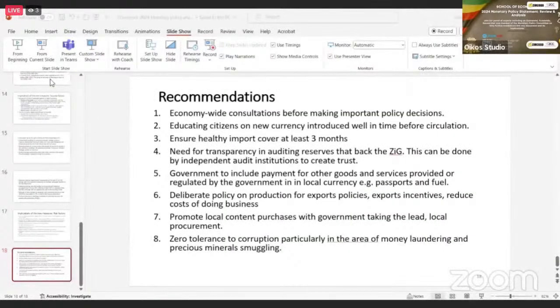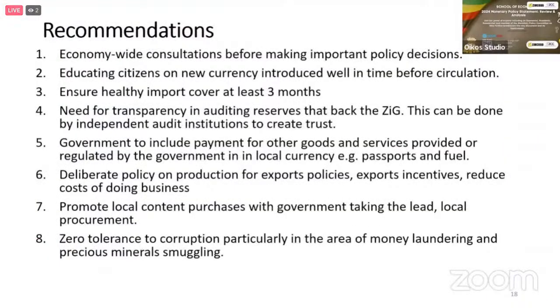I'm not so sure about the extent to which the central bank consulted the public on this, but to me, I think it's an issue that citizens will be worried about, to say what is the extent to which the central bank actually consulted them before they introduced a new currency.